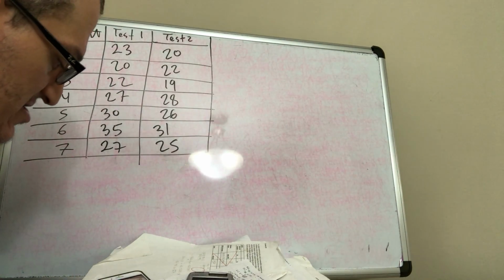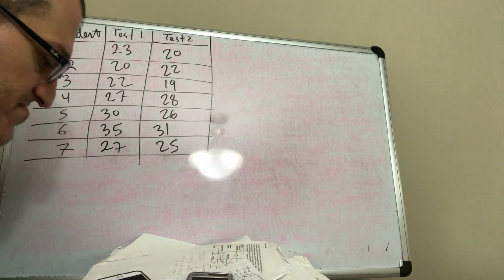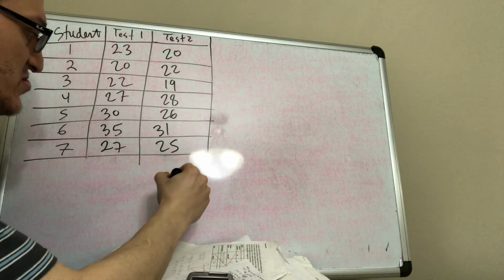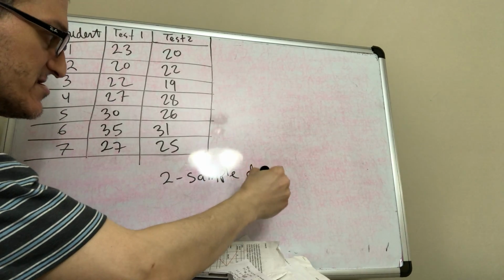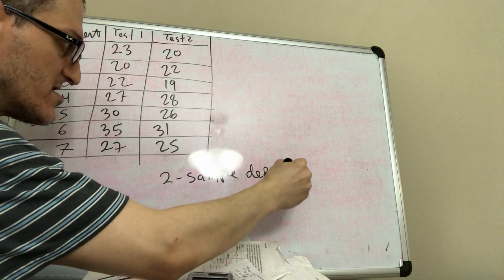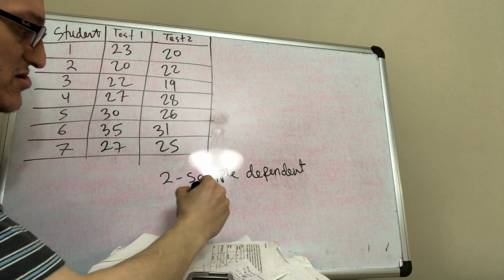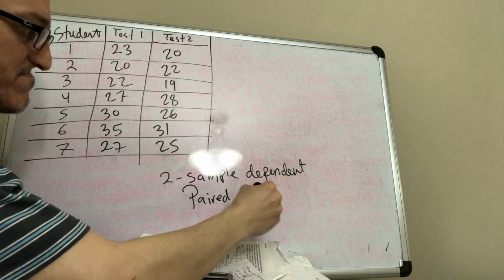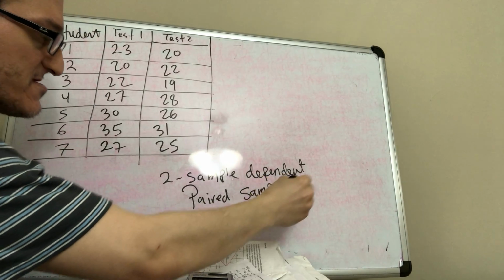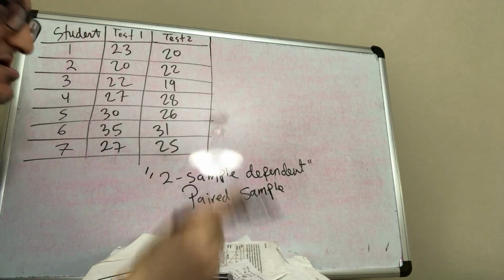Now, this is a question of two-sample dependent, also called a paired sample. Why?